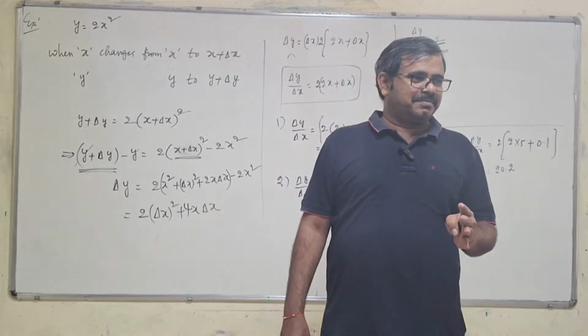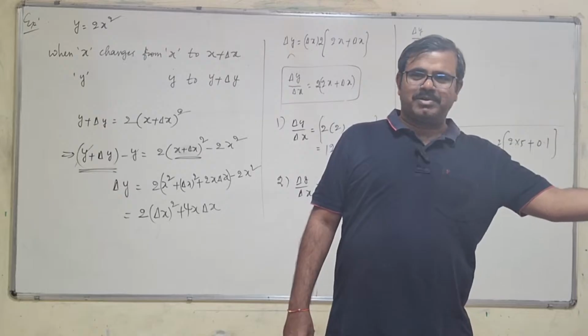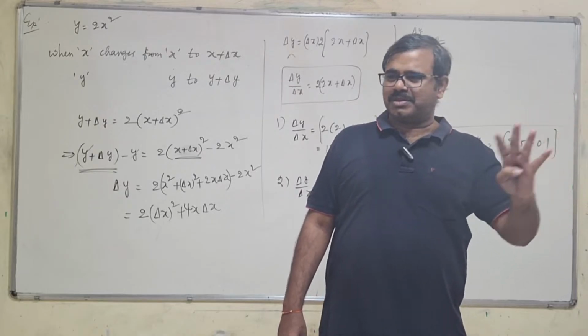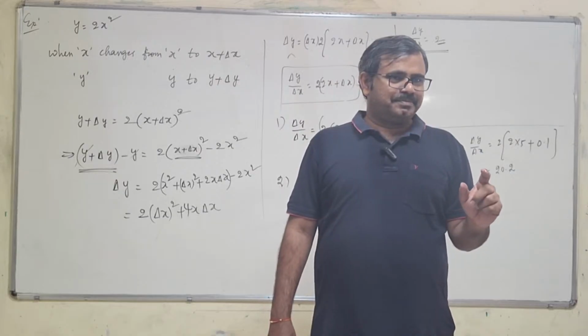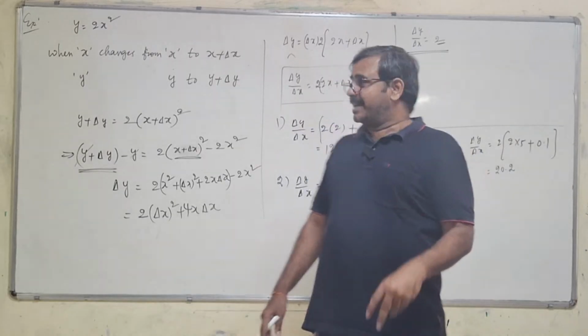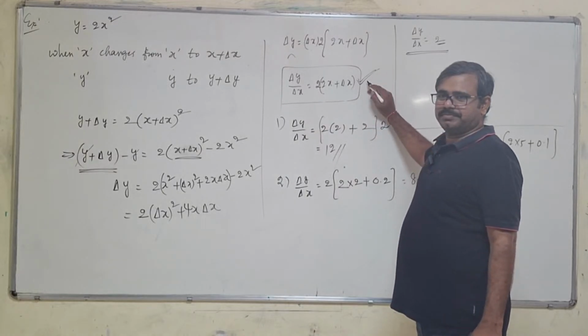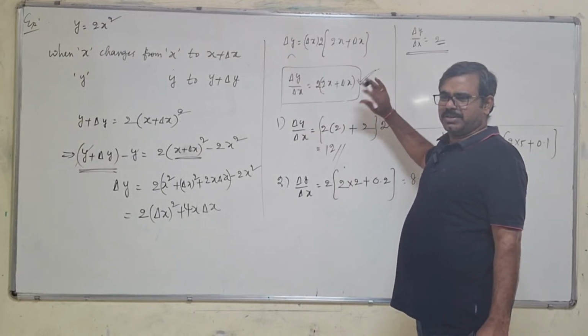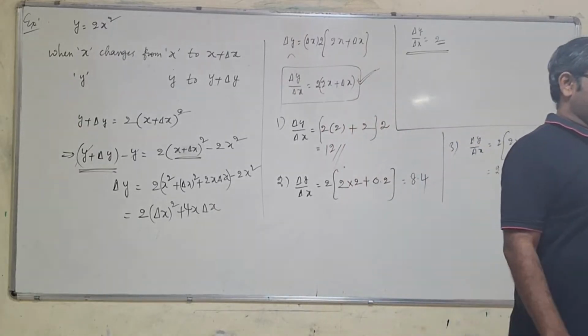It's different. The first pencil cost is different from the second pencil, different from the third pencil, different from the fourth pencil. Are you following me? Here, the rate of change in y with respect to x depends on x. In different intervals, you will get different rates of change in y with respect to x.